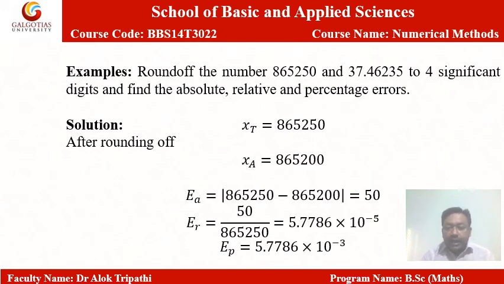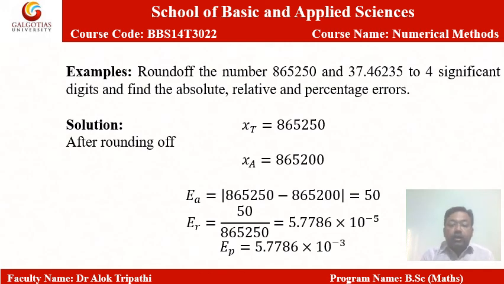It is 865250, and after rounding off to 4 significant digits, the approximate value of this number is 865200. So what is the formula to get absolute error? Absolute error is the absolute value of the difference of true value and approximate value. So we have 50 as absolute error.